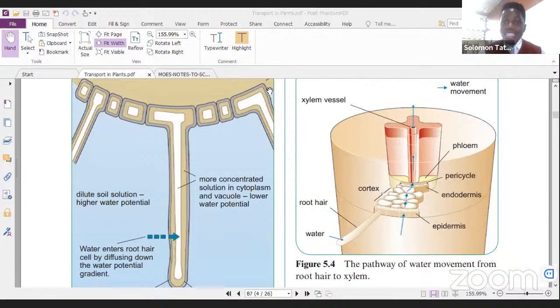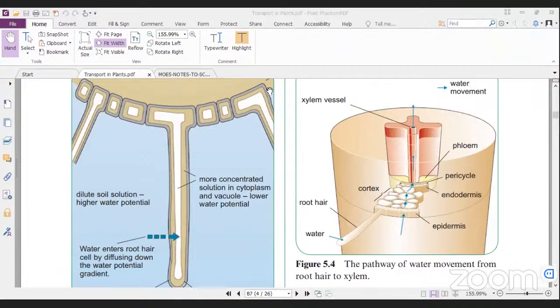So plants wouldn't need transportation pigments or chemicals to transport oxygen because they don't need that high amount of oxygen for high energy production, because they don't even need the energy, all right? But the animals do. They need a high supply of energy, therefore they would need a transportation pigment to ensure that that energy is produced all over the body of that particular animal. In plants, it's not the case, all right?